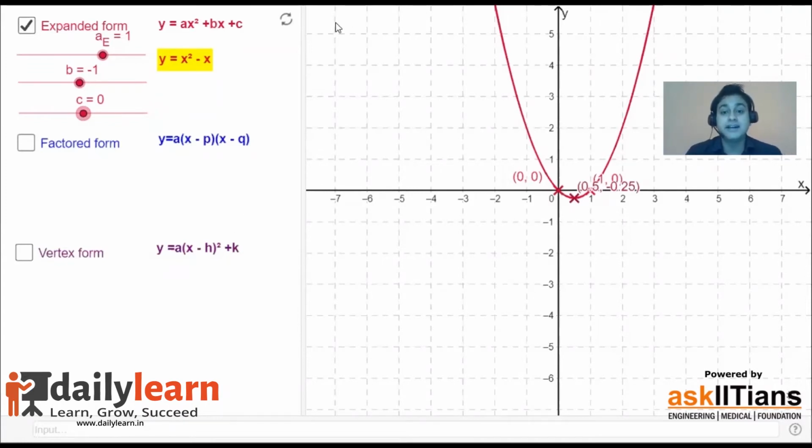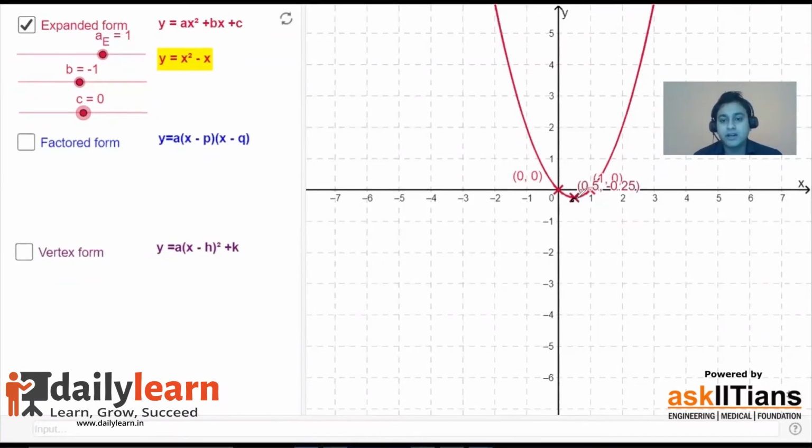This bottommost point is called the vertex of the parabola. Before it was the origin, now it is somewhat different as we change the b and c values. We will try to understand in depth why these things are happening.